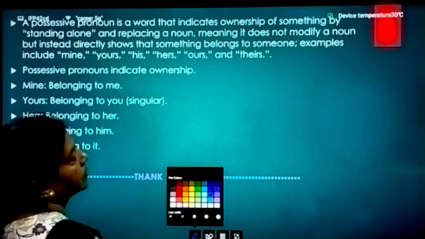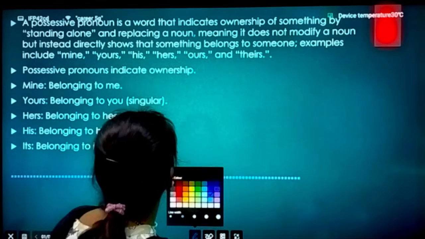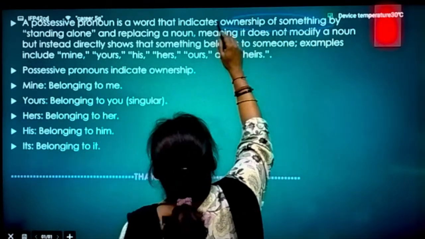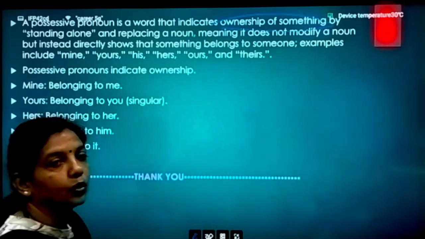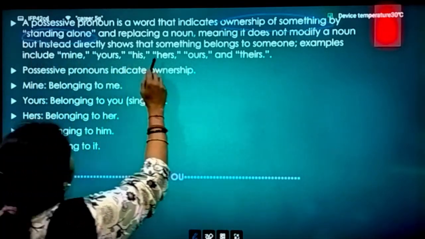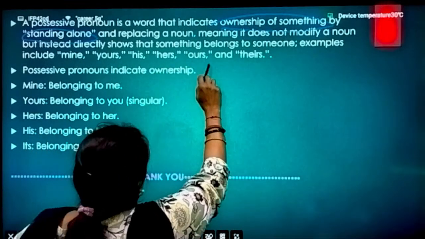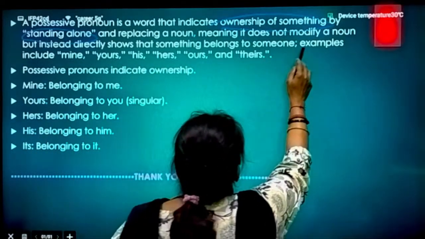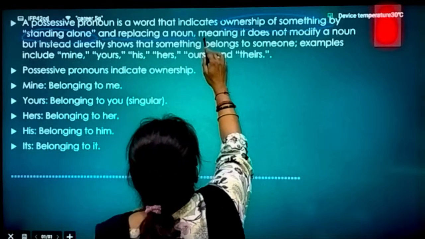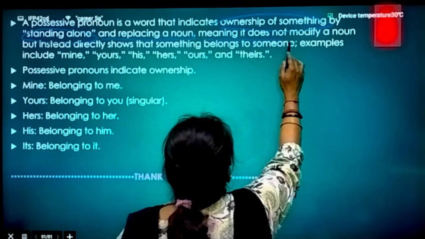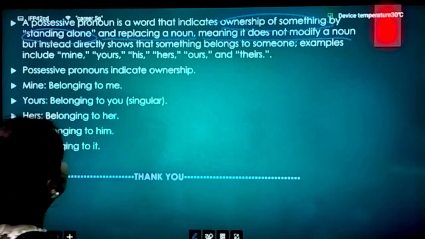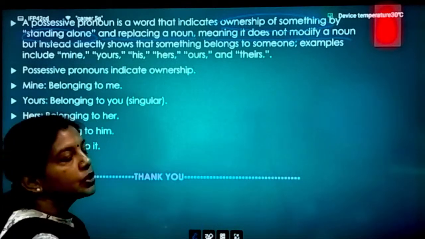So the possessive pronoun. The last one is the possessive pronoun. It is a word that indicates ownership of something by standing alone. It stands on its own, refers to and replaces a noun, meaning it does not modify a noun, but instead directly shows that something belongs to someone.